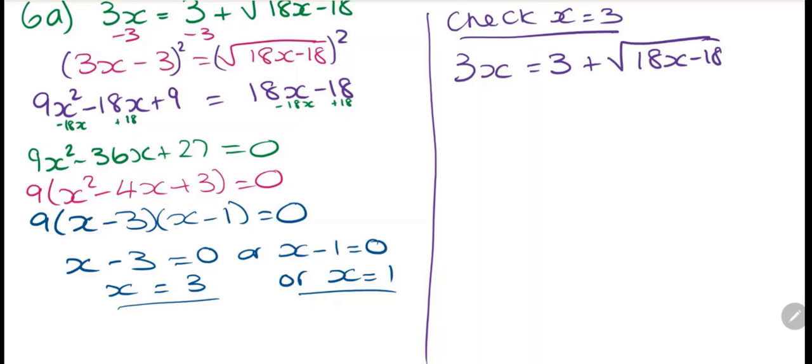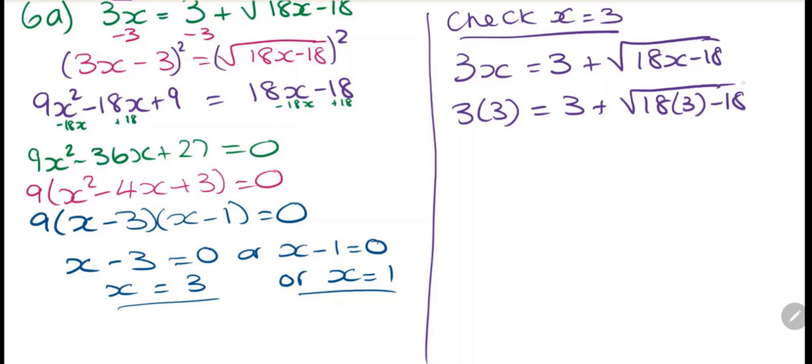And then I'm going to substitute in 3, so 3 times 3. And this is going to be 18 times 3 minus 18. So this is 9. 3 plus, and we got 18 times 3 minus 18.